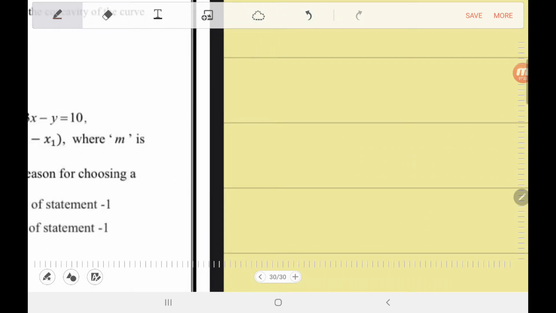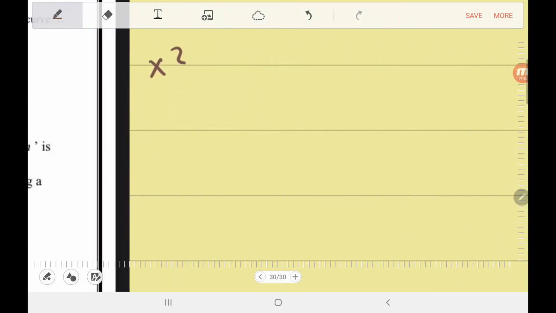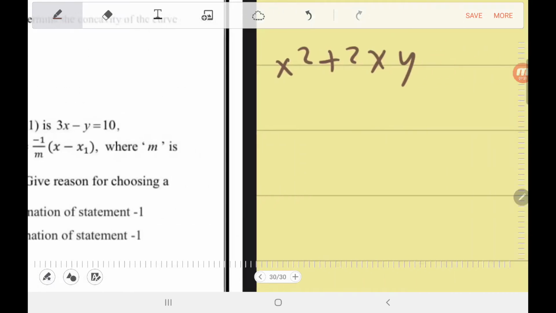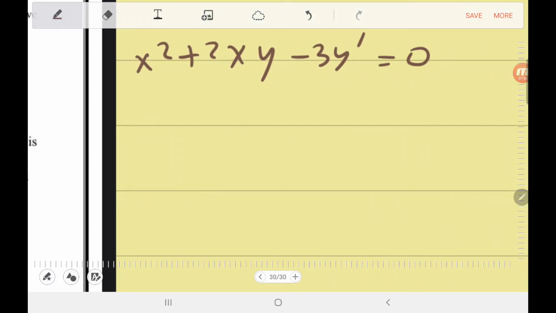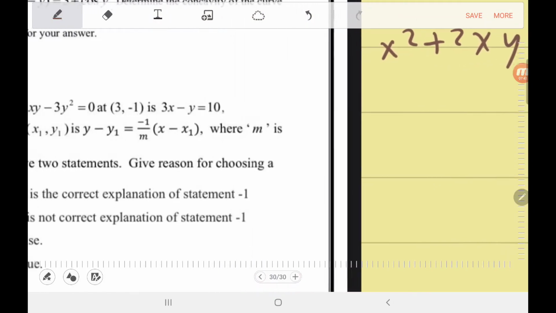So the equation is x squared plus 2xy minus 3y squared equals 0. Now we want to derive it.